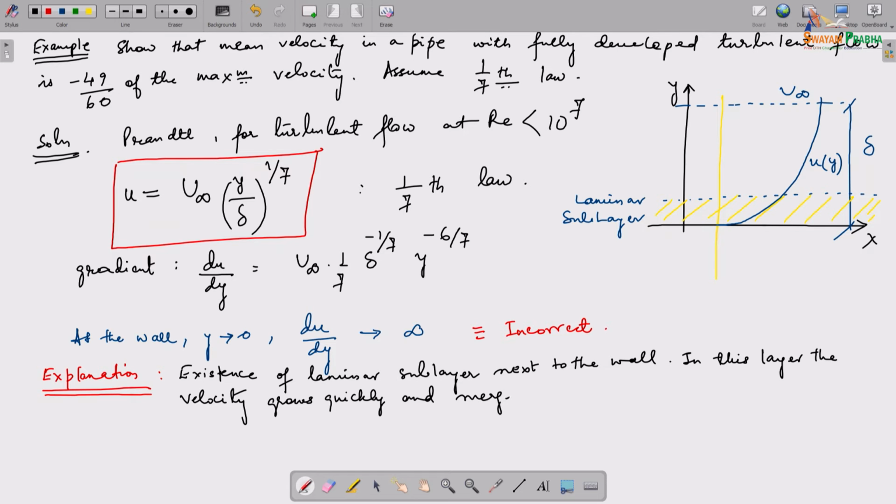Now, the gradient, however, is the same for both at the interface of laminar and turbulent flow. You have the same gradient at the interface.